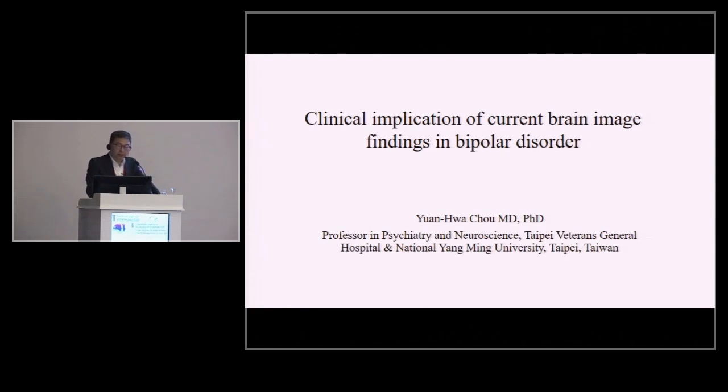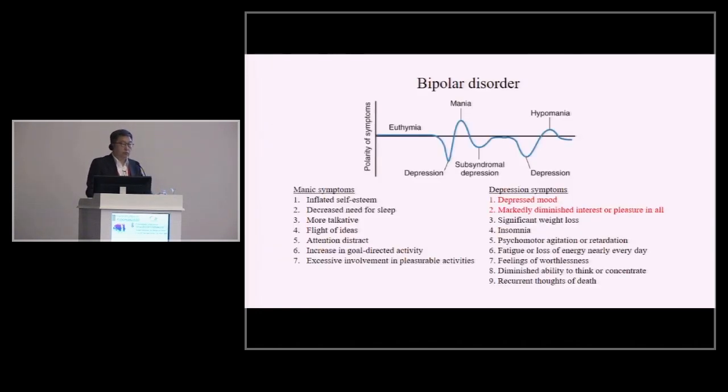Although I'm doing receptor imaging, I think this is very important. That is bipolar disorder. I don't want to get into detail, but actually bipolar disorder is a four-dimensional illness. It's the only one that has such a complicated clinical course.